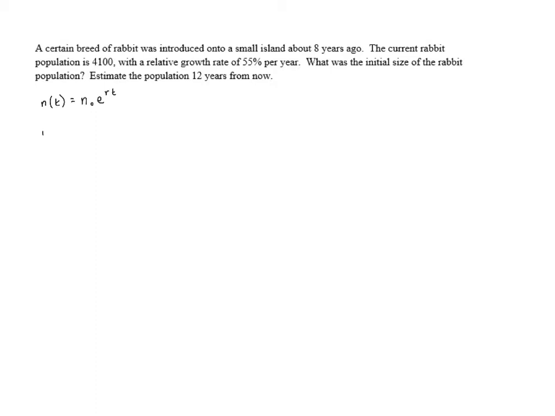So we know that N of 8, which is given by N naught times e to the rt, where r is 0.55 and t is 8, is equal to 4,100. We know after 8 years, the population is 4,100, and now we can solve this equation to figure out the value of N naught.